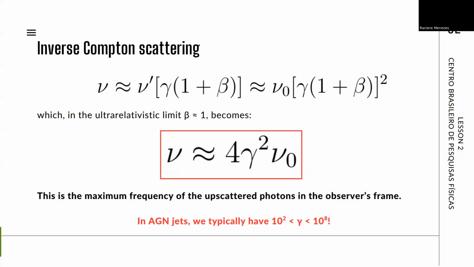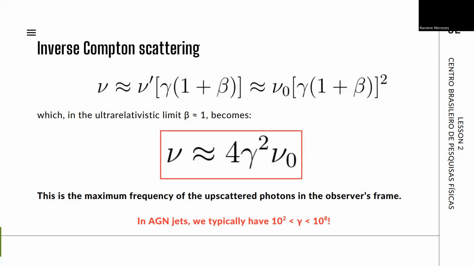The values of Lorentz factor for an electron in the jet of an AGN typically range from 100 to 10^8. So if we take an electron with a Lorentz factor of 10^5, the photon will be boosted by 10 orders of magnitude. It's scary, I think it's scary. So this is a very effective way of producing gamma rays.